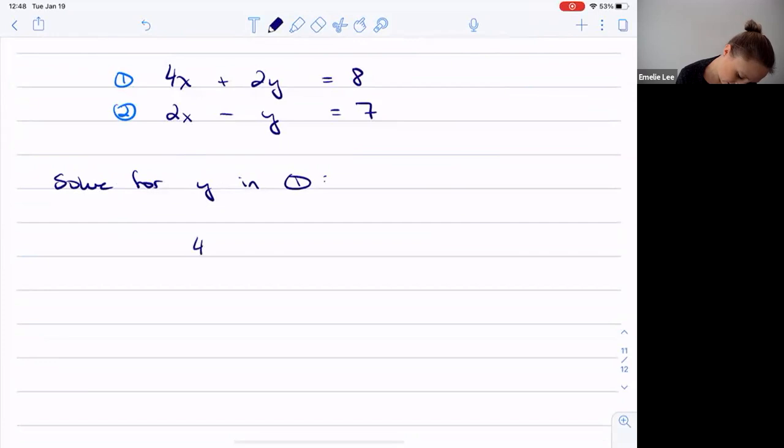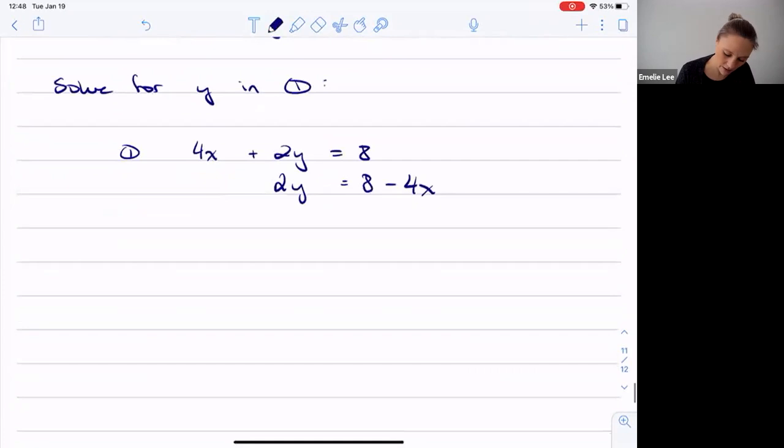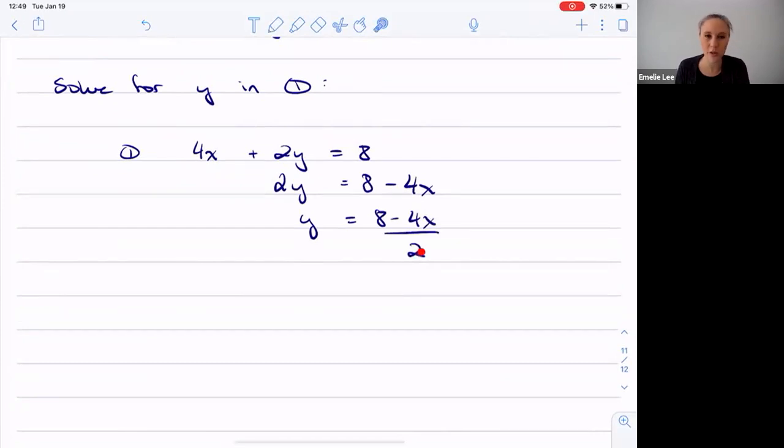So here's equation 1, 4x plus 2y equals 8. So 2y is 8 minus 4x, be careful. And then y is 8 minus 4x divided by 2. Remember, to cancel this 2, it's one of those properties we talked about.